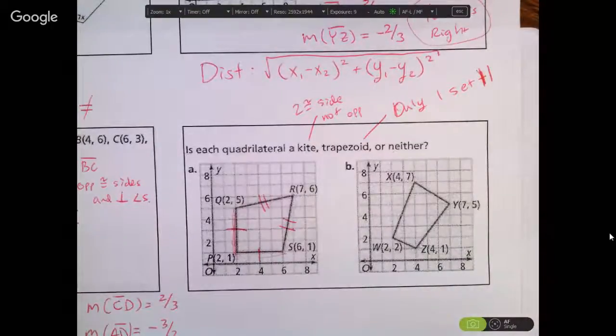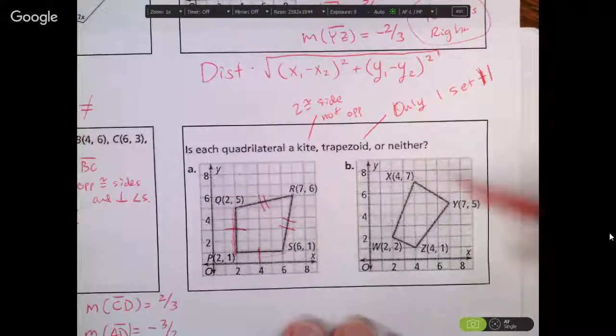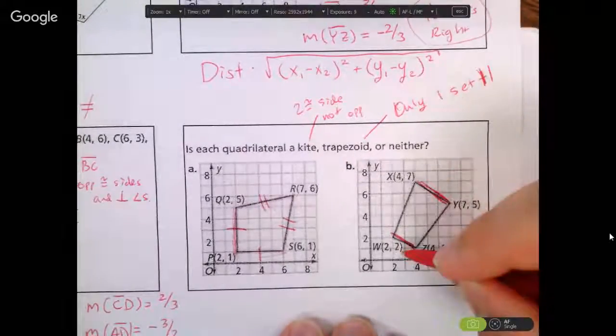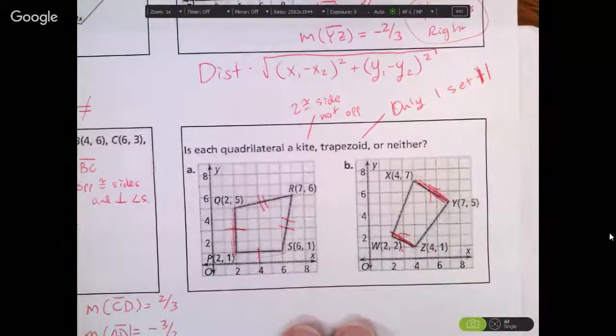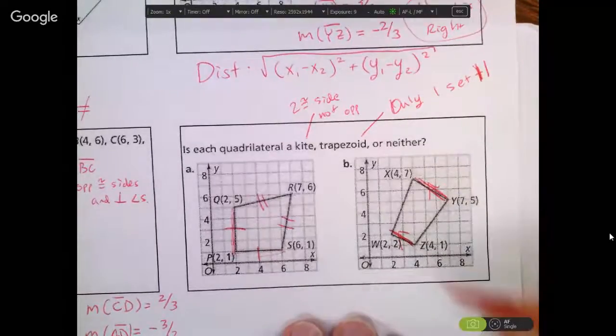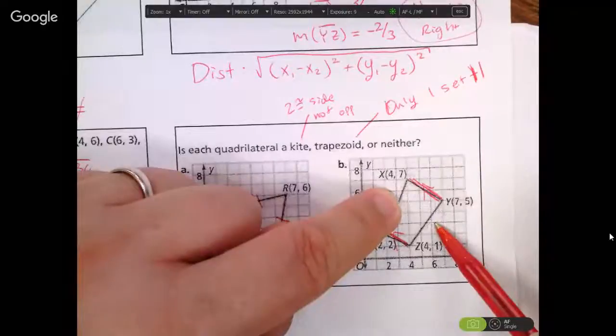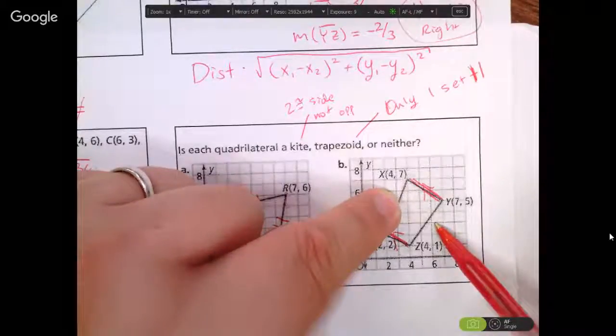No. So if you find a parallel set, it's not a kite. Good. And then for a trapezoid, we have to prove that those are parallel, so that they have the same slope. You have to prove that these two are not parallel. It's not a trapezoid.